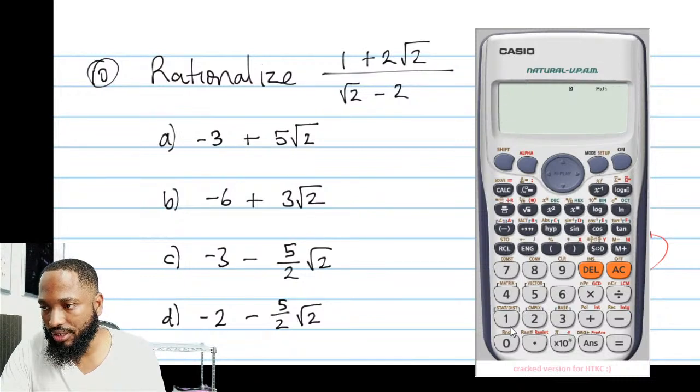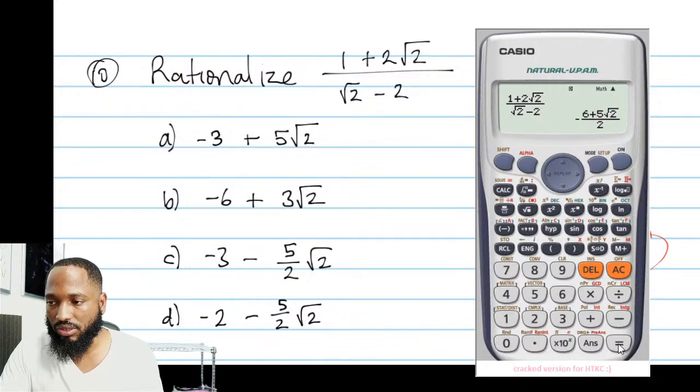Mode 1, fraction 1 plus 2, I'll show you how to do the other way, square root 2, denominator now, square root 2 minus, now you notice something happening there, that square root sign following me, so I need to come out of that square root sign, go forward, minus 2. This is what I get.